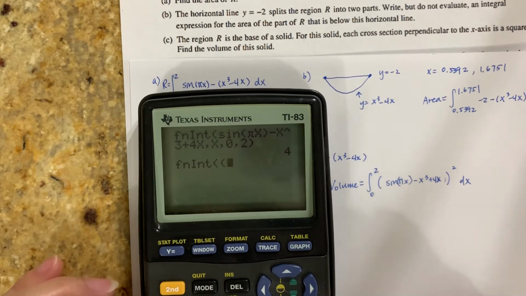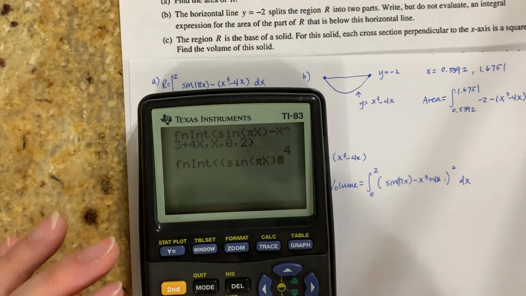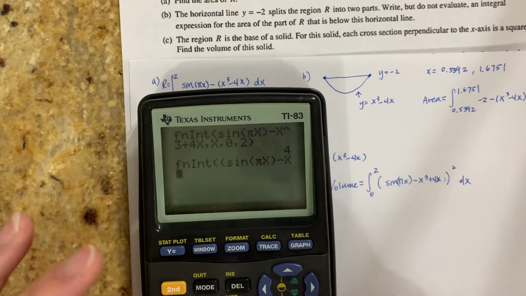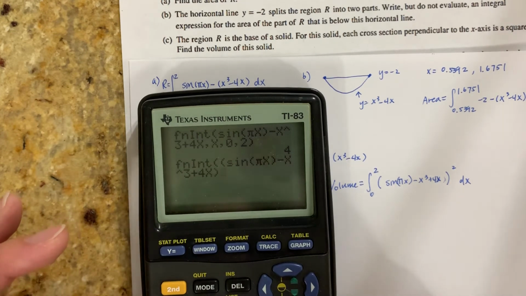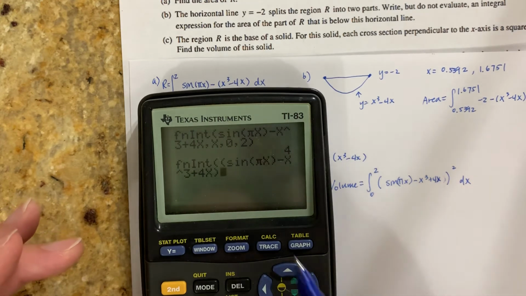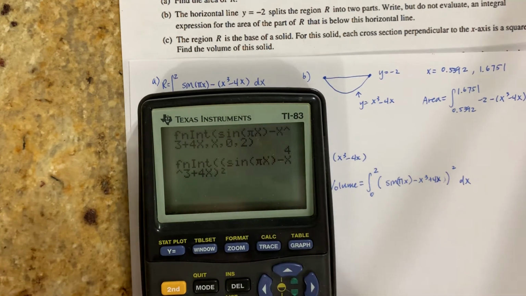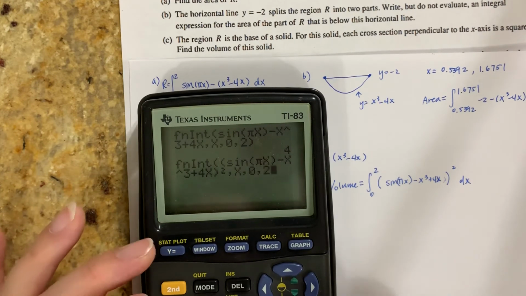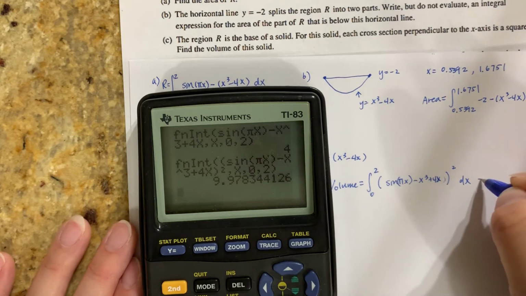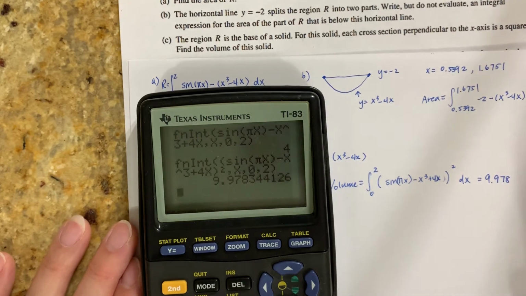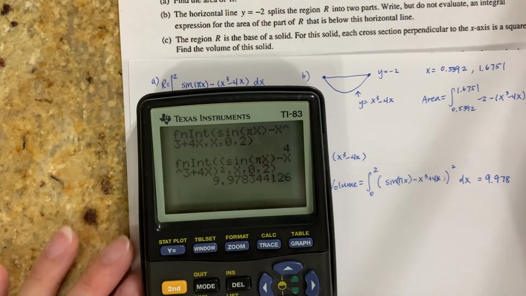Now my equation, sine of pi x, close parentheses, minus x cubed plus 4x, close parentheses, because now you want to put your entire function squared, comma, x, comma, 0, comma, 2. All right, so let's see what this gives us. Moment of truth. 9.978, three decimal places, and that's your answer for part C.